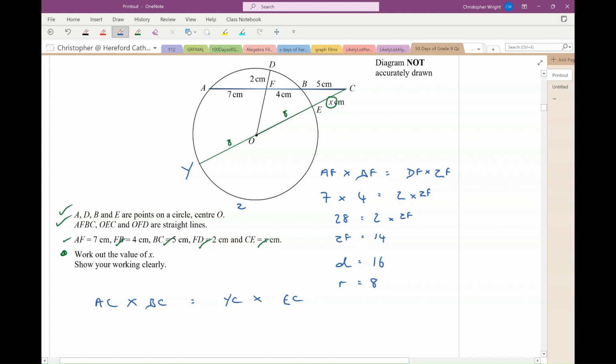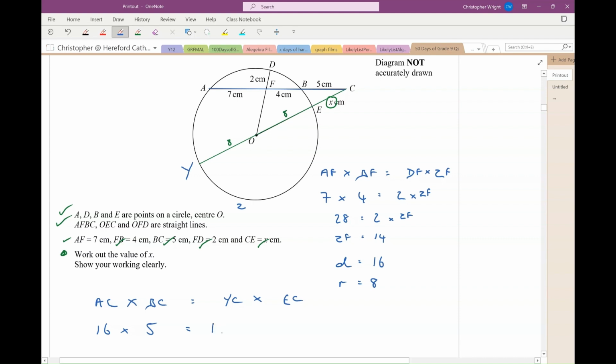Now, can I fill in the gaps here? Let's have a think. So A to C is 7 plus 4 plus 5, 16, times B to C is 5 equals Y to C times EC. Well, Y to C is 8 and 8 and x, isn't it?